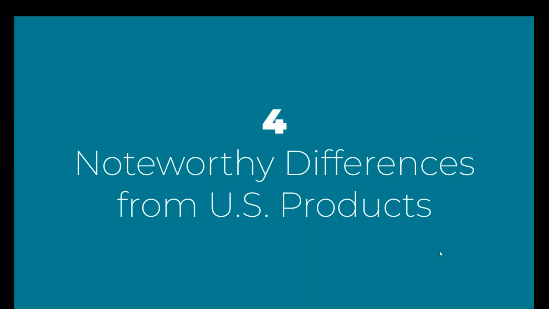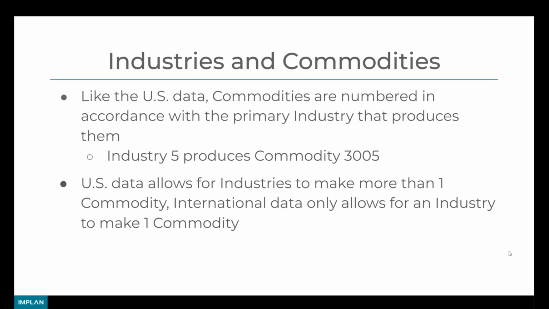So for those of you that are familiar with IMPLAN's core US-based products, there are some noteworthy differences that are important to be aware of. The first relates to the industries and the commodities they produce. Like the US data, commodities are numbered in accordance with the primary industry that produces them, with the commodity number equal to the industry number plus 3,000.